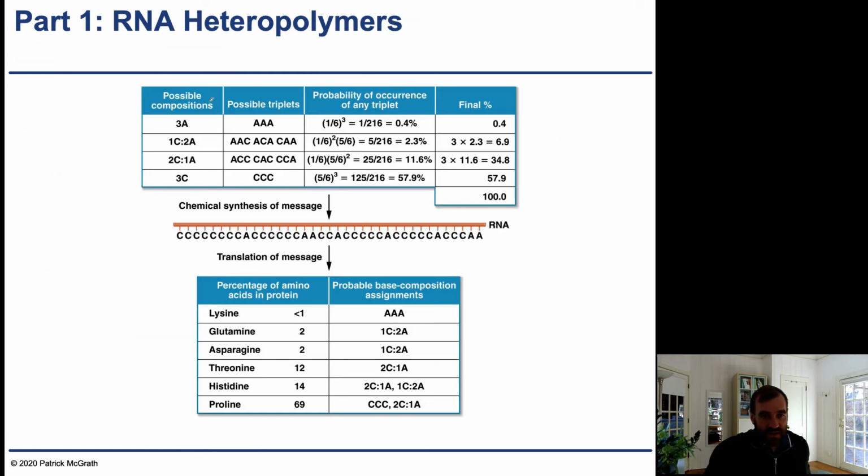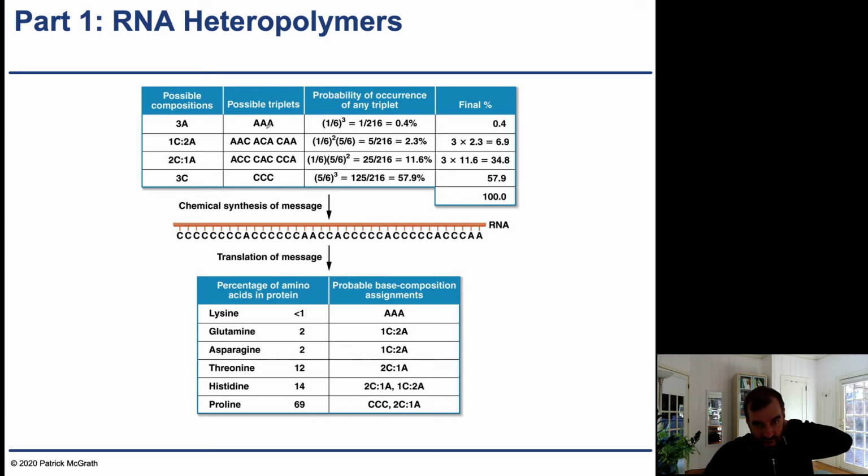So this is an example here of what would happen when you added a distinct amount of A's and C's. In this case, you did 1 part A to 5 parts C. So for every A nucleotide, there was 5 C nucleotides.